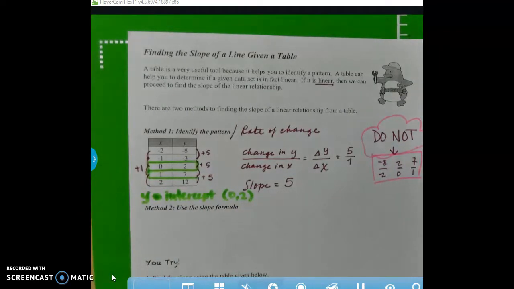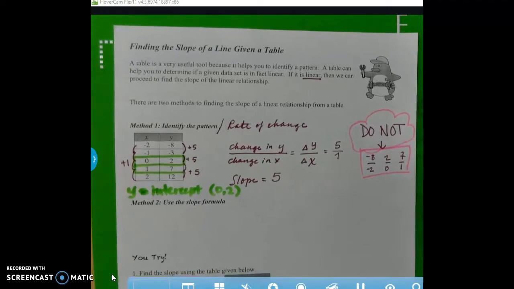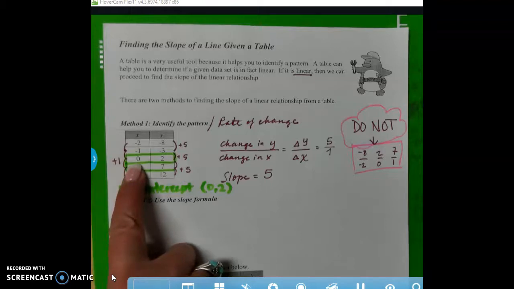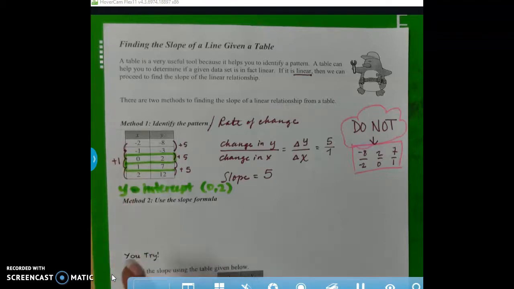Not every table has the value of Y-intercept, so we're definitely going to learn how to find the value if it's not obviously stated. But your Y-intercept, one more time, is the value of X being 0, and then Y would be the actual numerical value.